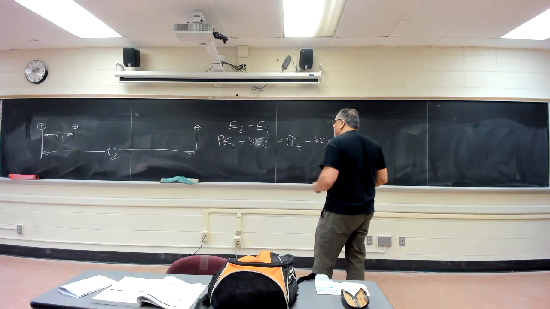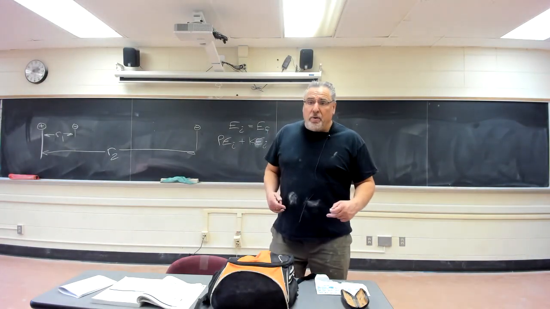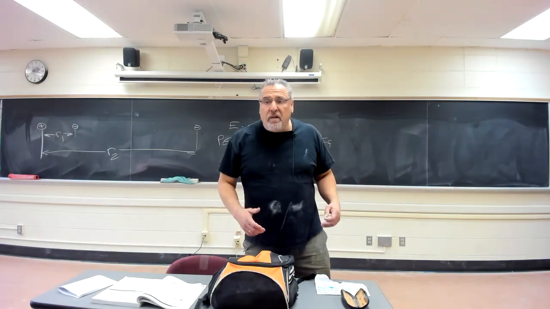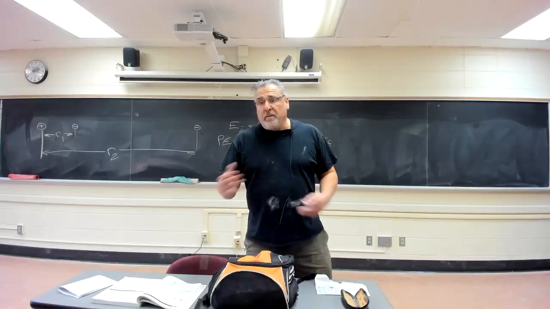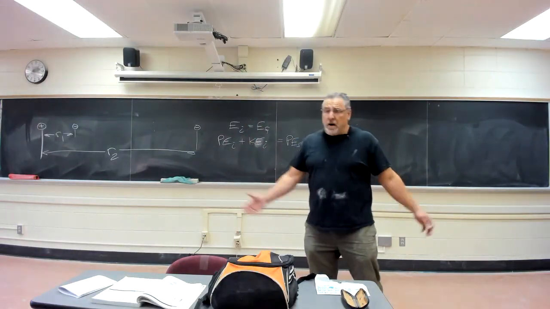Back in the day when we were doing this stuff, we could be talking about a spring, or a gravitational situation where this thing is climbing a hill, or a rubber band, or all of the above.